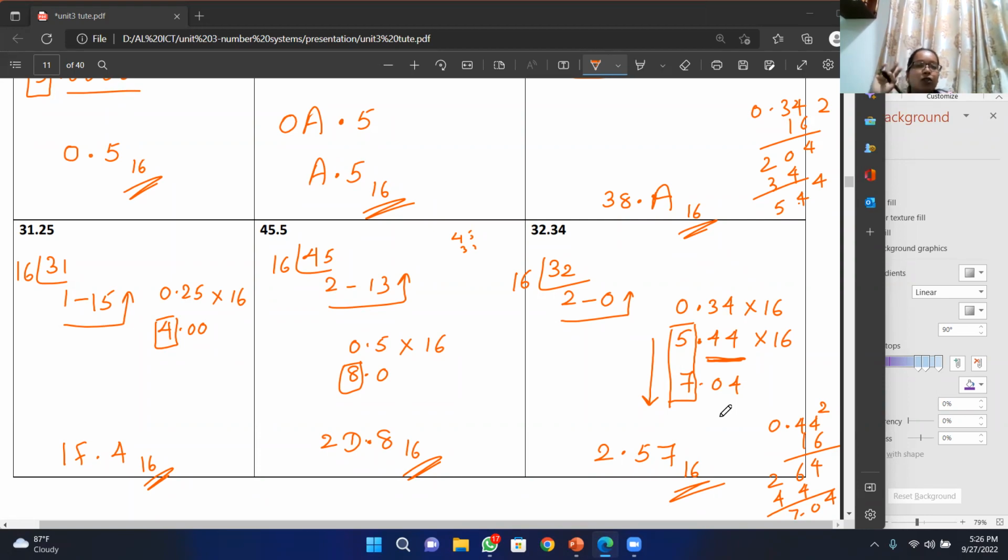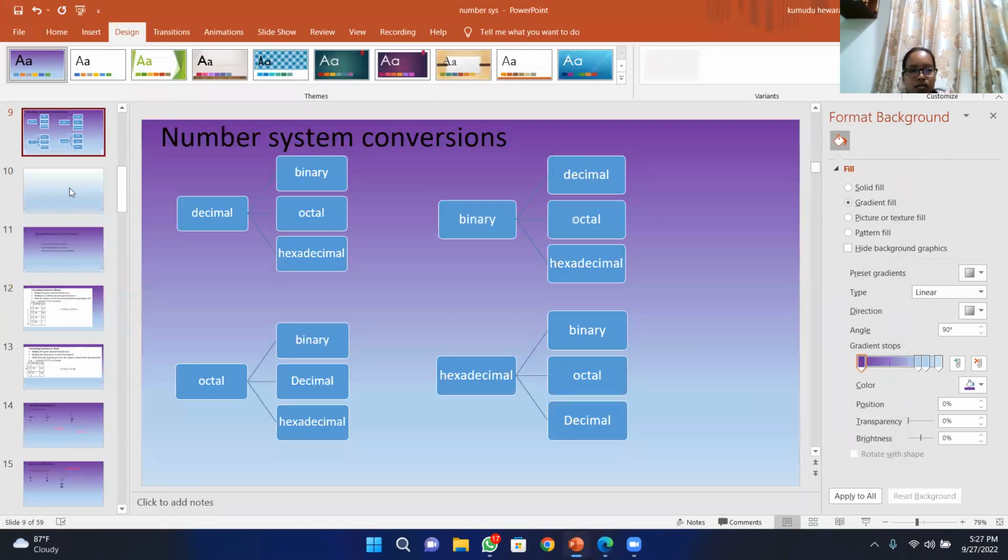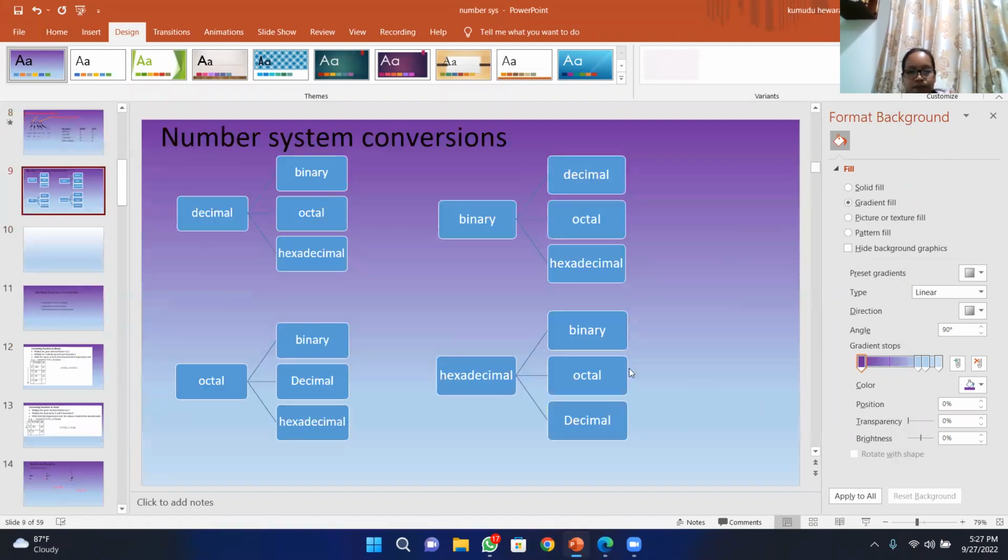Right, now one group is totally okay, that is the decimal conversion part. We did how to convert whole decimal numbers into other bases, and how to convert decimal fractions into other bases. And the next group we will see is binary conversion, right?